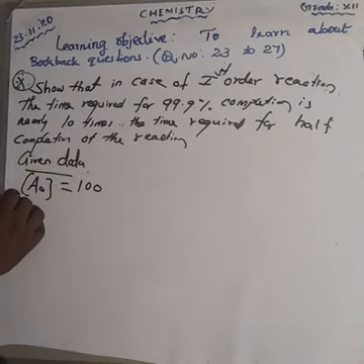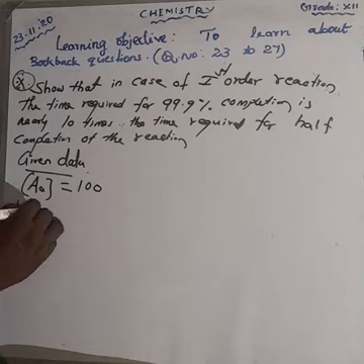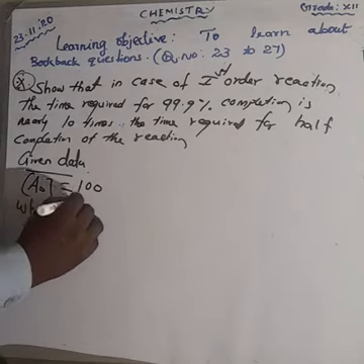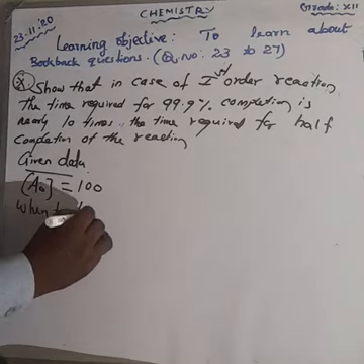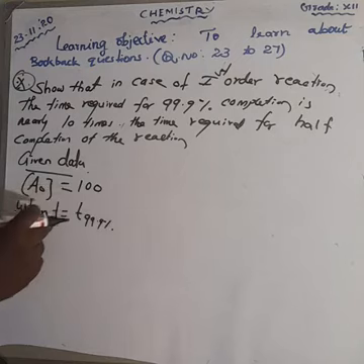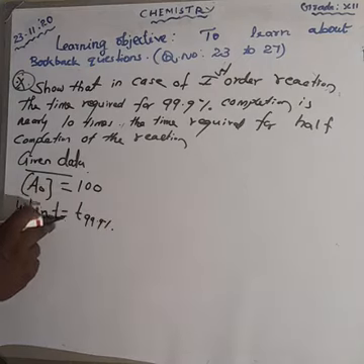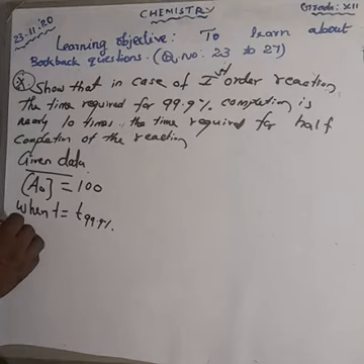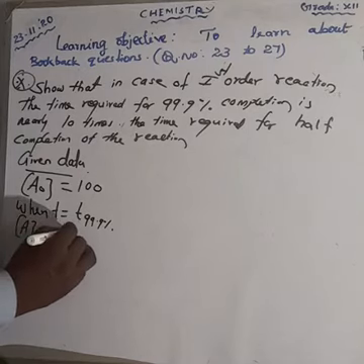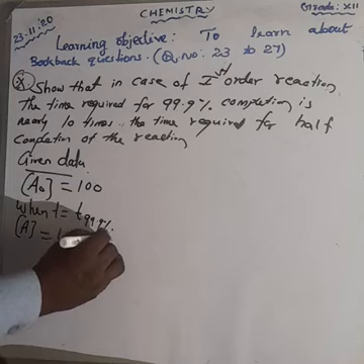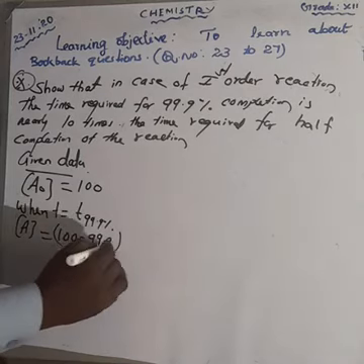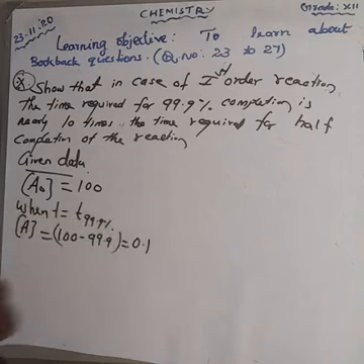When T is equal to T 99.9%, A is equal to 100 minus 99.9, that is equal to 0.1.